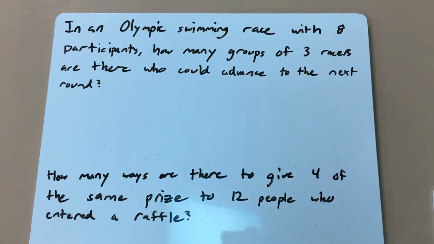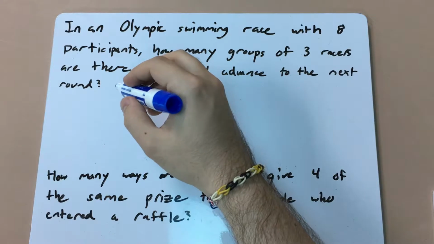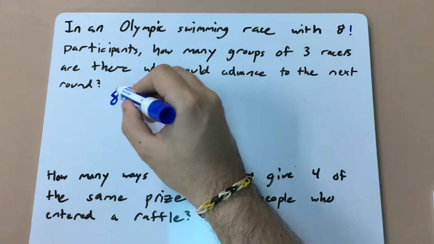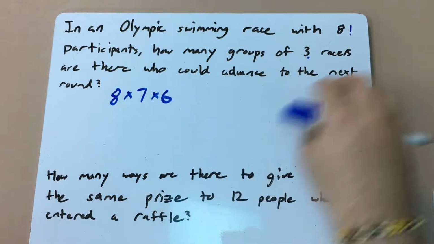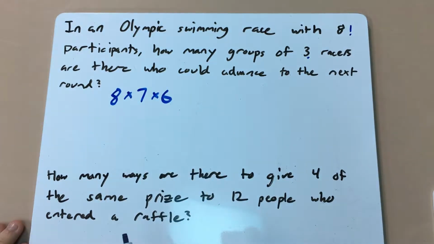So the basic idea of a combination is that we're going to start by figuring out the number of permutations. And if you remember, that was basically we start our 8 factorial, but we only write the first 3 numbers. So we started 8 factorial, wrote the first 3 numbers of this. That's 8 times 7 times 6. But this time, since order doesn't matter, we have to do something else.